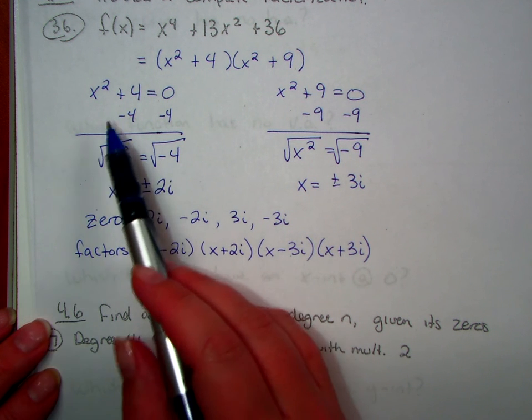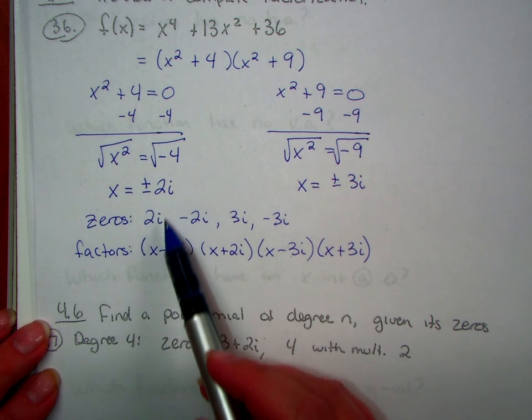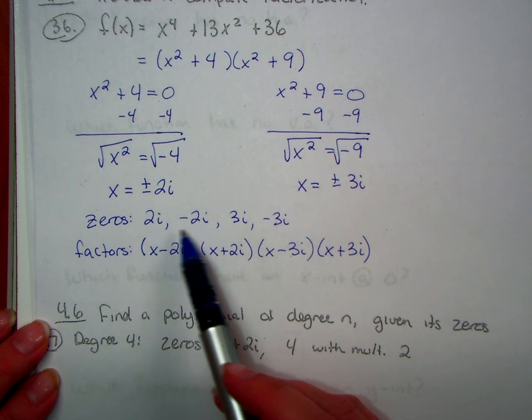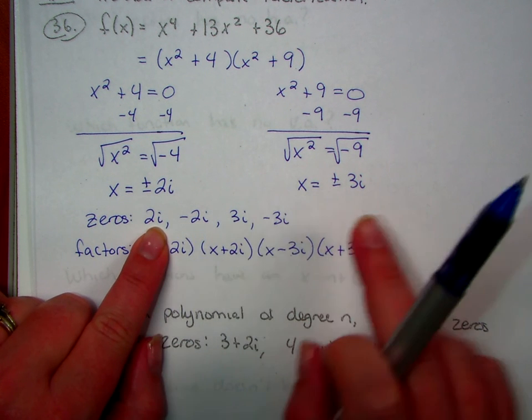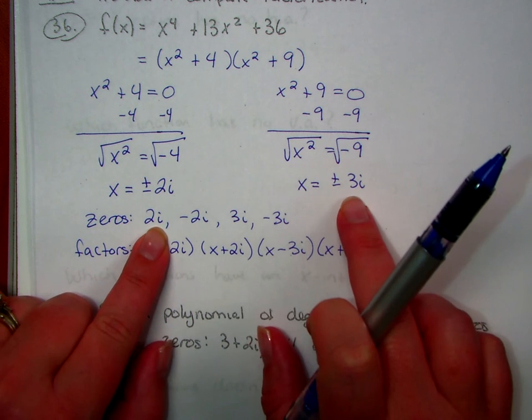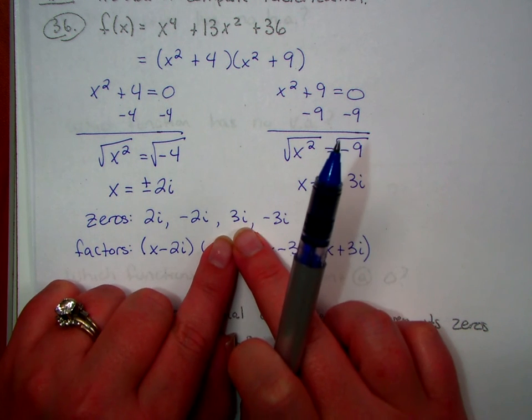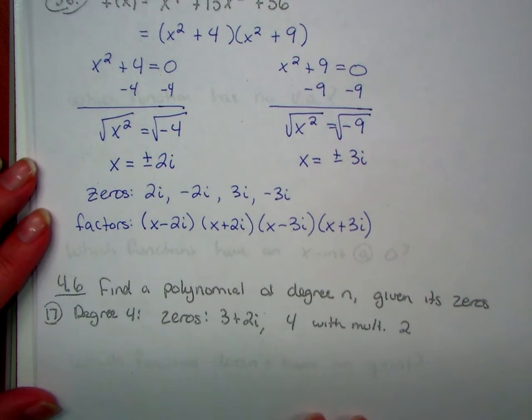This x squared plus 4 had 2 zeros, but they were both imaginary, and they ended up being 2i and negative 2i. We had conjugate zeros here, and the same thing happened with x squared plus 9. We had a complex number and its conjugate. So that's what's going to happen, okay?